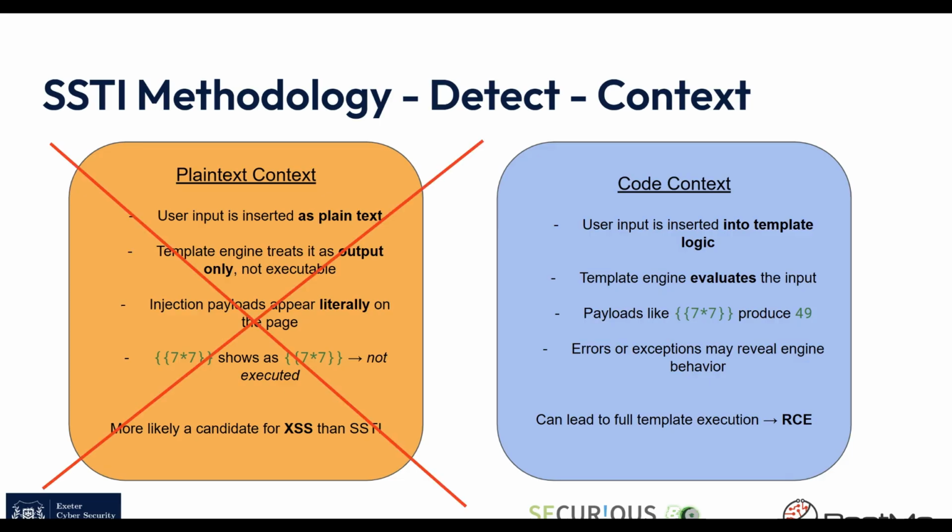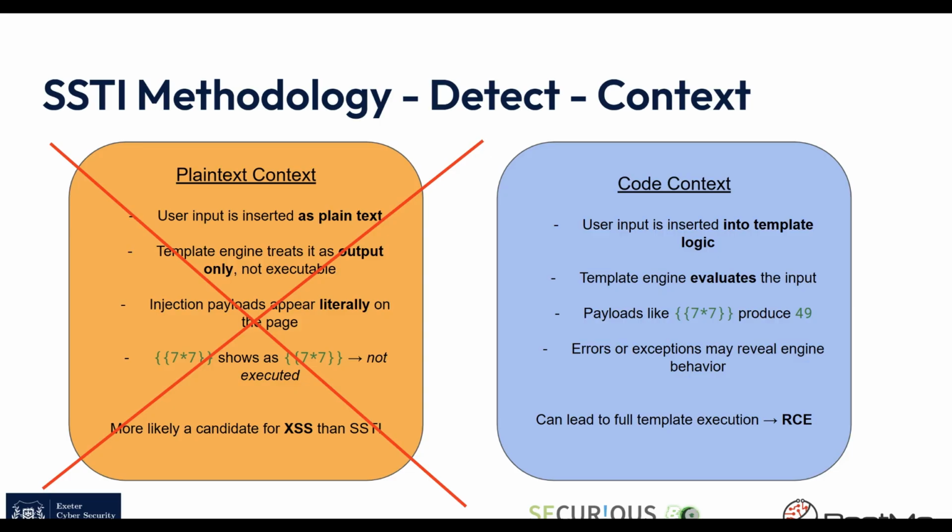It's not happening. This is more likely for XSS than SSTI, but I'll come to the relation between both in an instant. What we want is a code context where we have an evaluation of what we input. Here, 7 times 7 gives 49. We sometimes have errors that give us a bit of background, and what we want, the loot, is the RCE. That's really what we want.